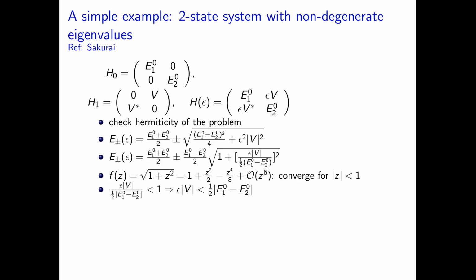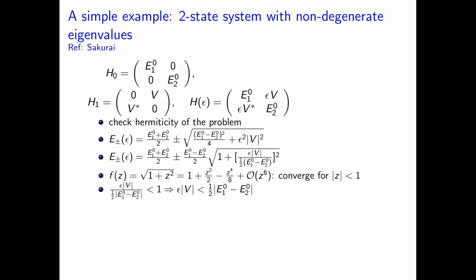It is a much more precise statement, which comes in terms of the strength of the perturbation, the potential which you cannot solve, with respect to the energy levels of the original problem which you can solve, the E1 naught minus E2 naught. And that is basically a crude version of the no level crossing theorem.